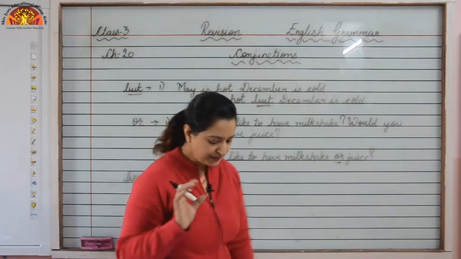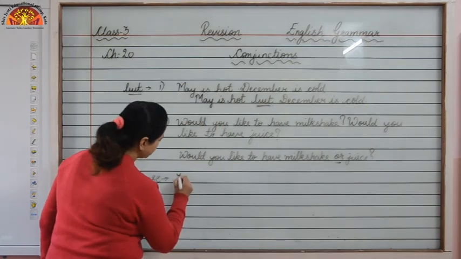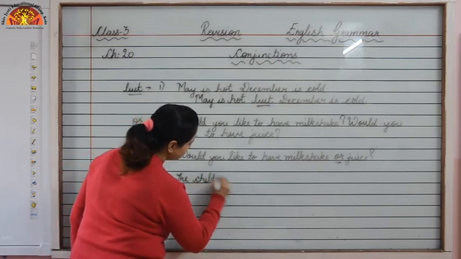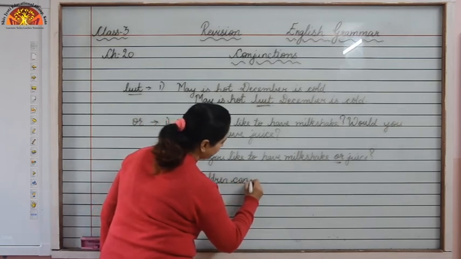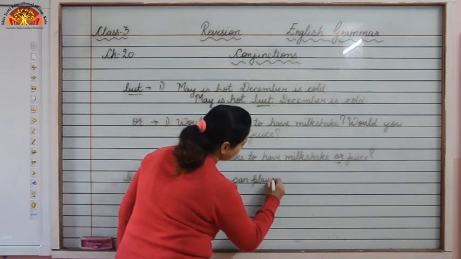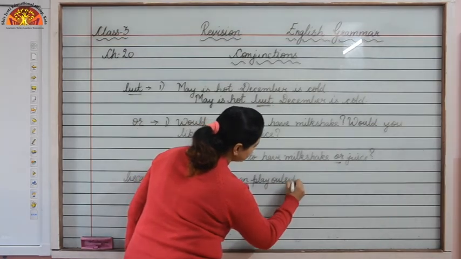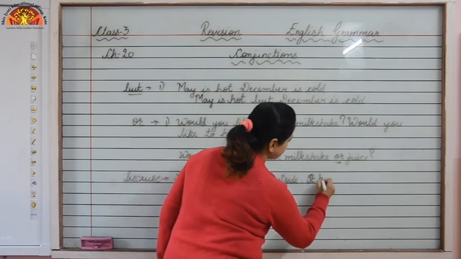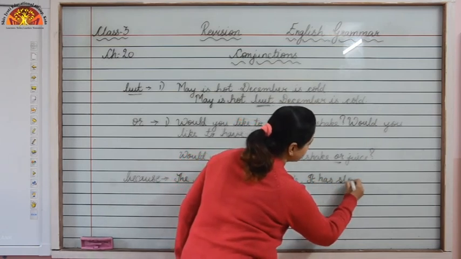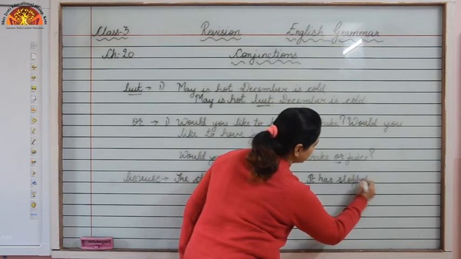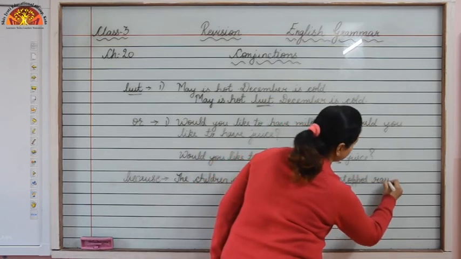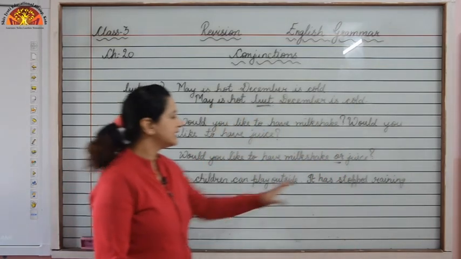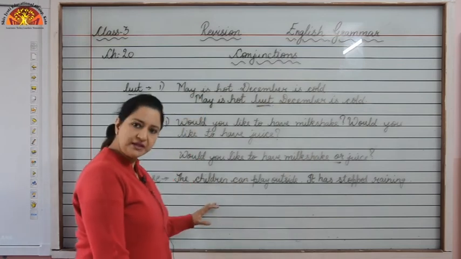For example, the children can play outside. It has stopped raining. Now, in these two sentences, this is the reason for the first sentence.